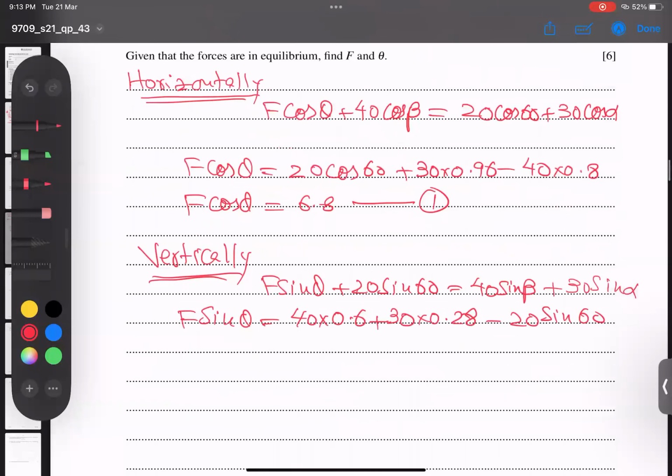Now my students, I just type it in the calculator. Inshallah, I believe you understand. I'll get equation number 2 from it. So I'm typing this whole thing: 40 times 0.6 plus 30 times 0.28 minus 20 times sine 60. Alhamdulillah rabbil alameen. This comes as a decimal answer, but it is best to avoid rounding.